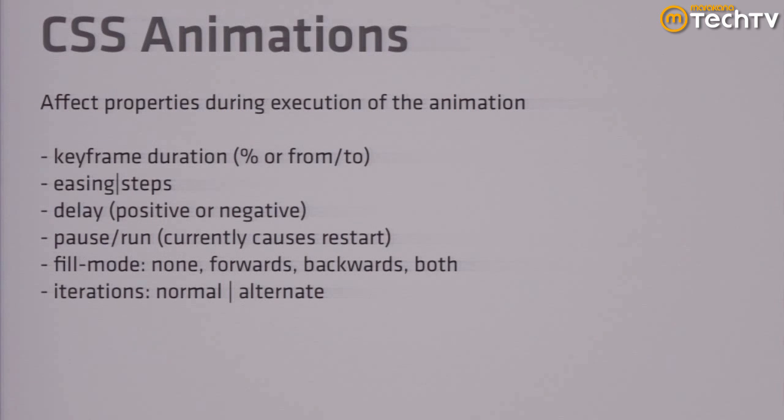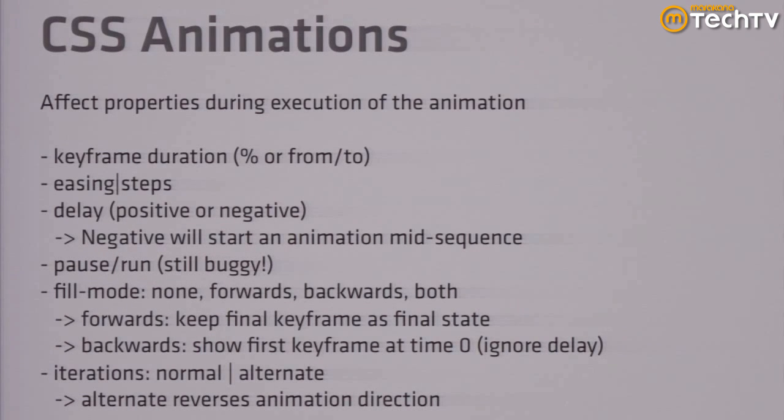Backwards basically says if you've got a delay at the very start of the animation, I want you to jump to the first keyframe, even though the play state is supposed to delay for a couple of seconds. Then you can also have normal or alternate iterations. Normal basically says repeat the animation X times. Alternate says repeat the animation, but do it in reverse every other time.